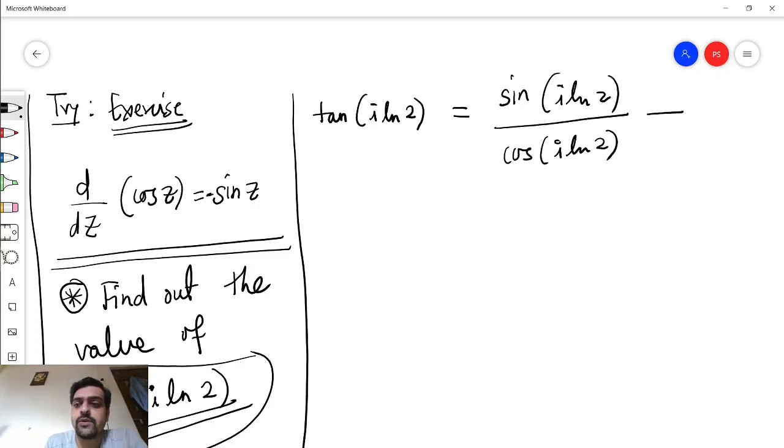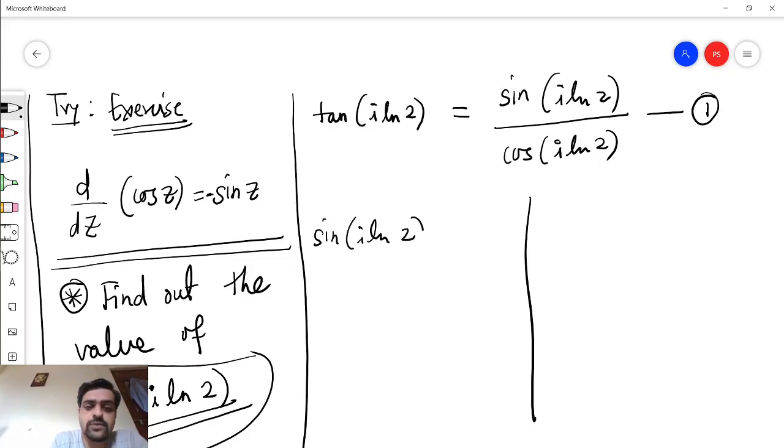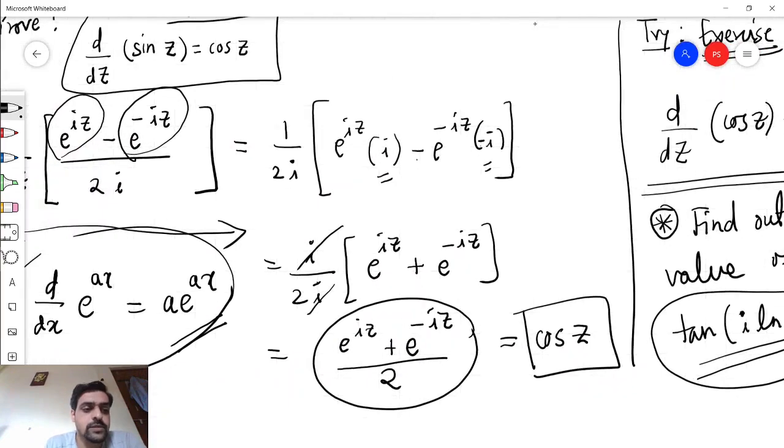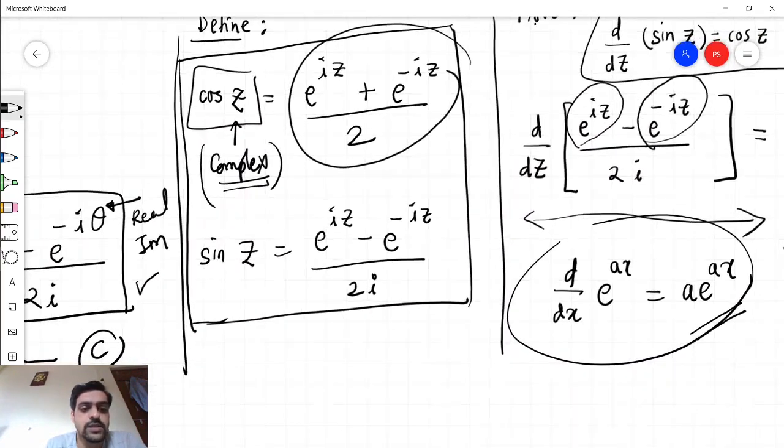Call it equation 1. Now we have to solve independently sin of i log 2 using the previously known formula. So we know that sin z is e raised to iz minus e raised to minus iz by 2i, and cos z is e raised to iz plus e raised to minus iz by 2.